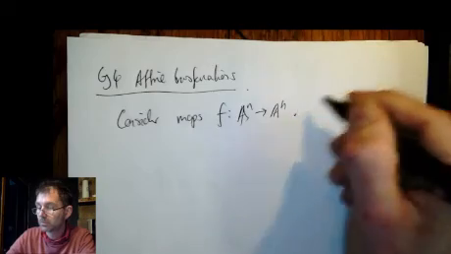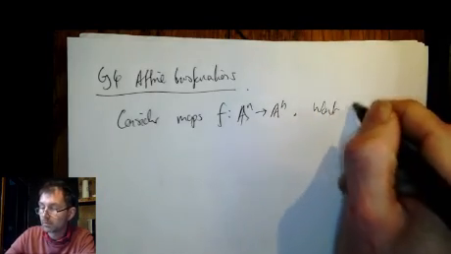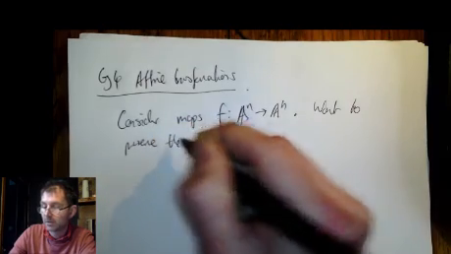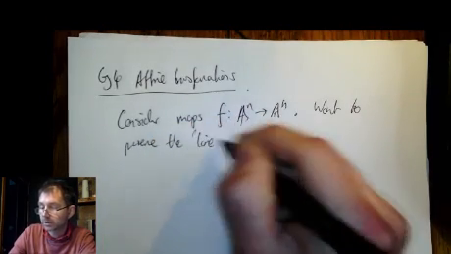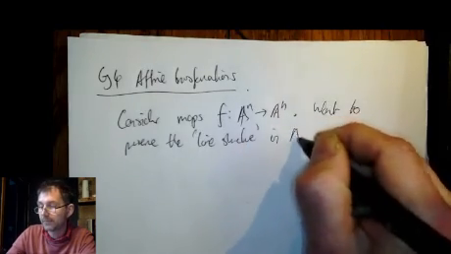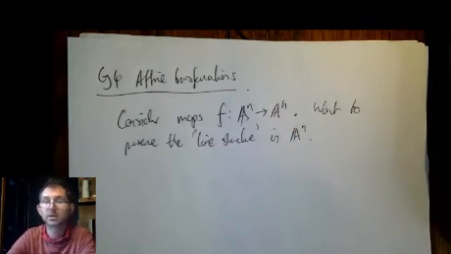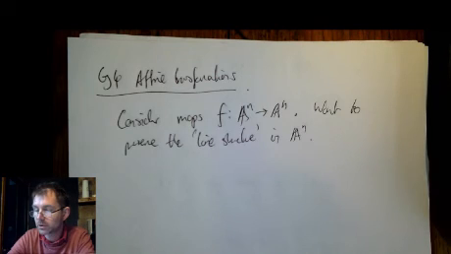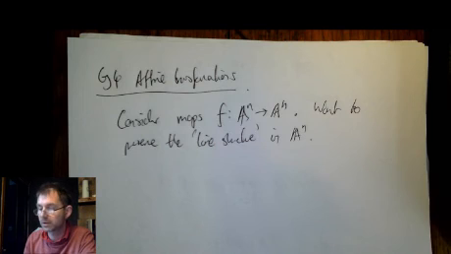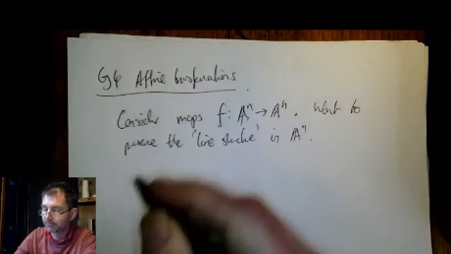So we want to preserve the line structure in A^n. So by way of a bit of motivation, and because it's part of the definition of an affine transformation, let's just consider what happens when we take a linear map.